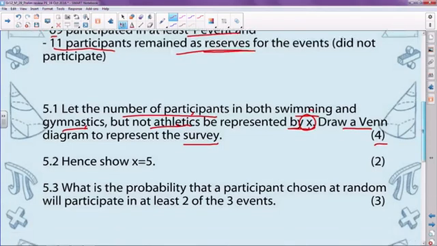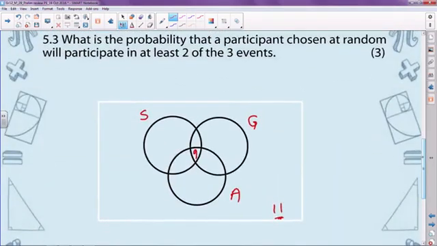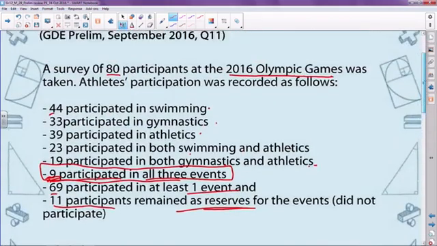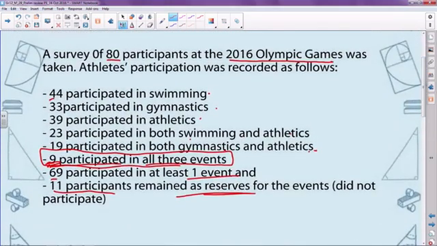So when you go to your Venn diagram, you're going to mark an X in the intersection between swimming and gymnastics. Those are the 2 key parts that you need to have in those circles. You need to have those 2 key pieces of information in order to help you complete the rest of those circles. All right, let's go and read through the other information they gave us and fill as we go along.